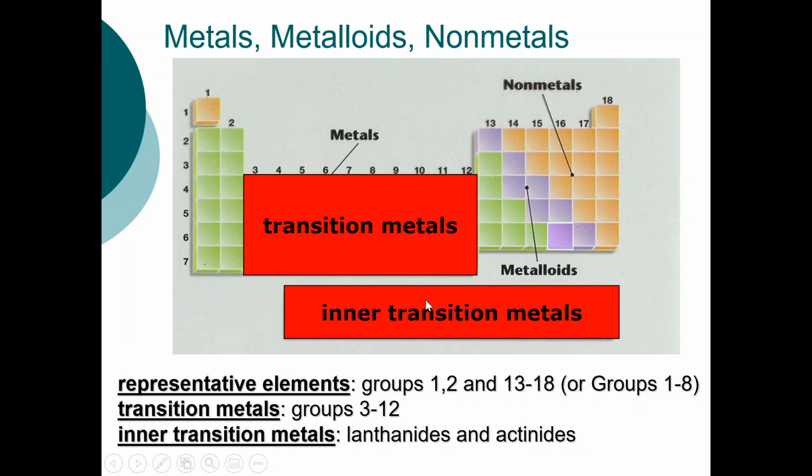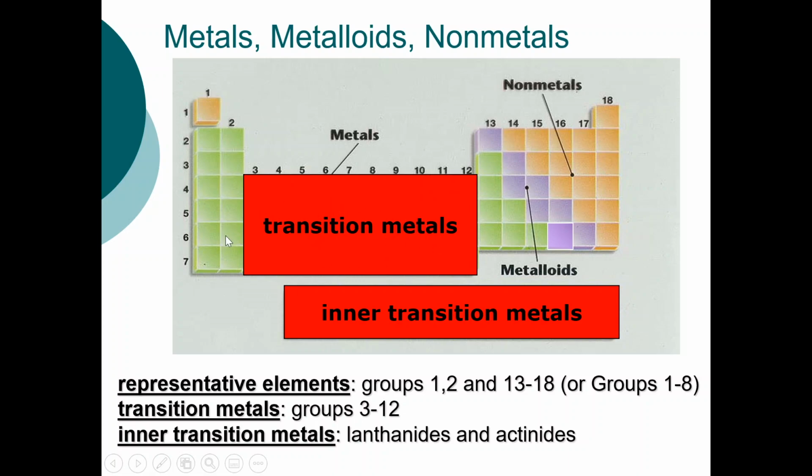Now, these two big groups that we skipped over here, this first one, these are called the transition metals. And they are, if we were to number the periodic table 1 through 18, so like that's one way to number the periodic table, 1 through 18, the groups. Groups 3 through 12 are considered your transition metals.